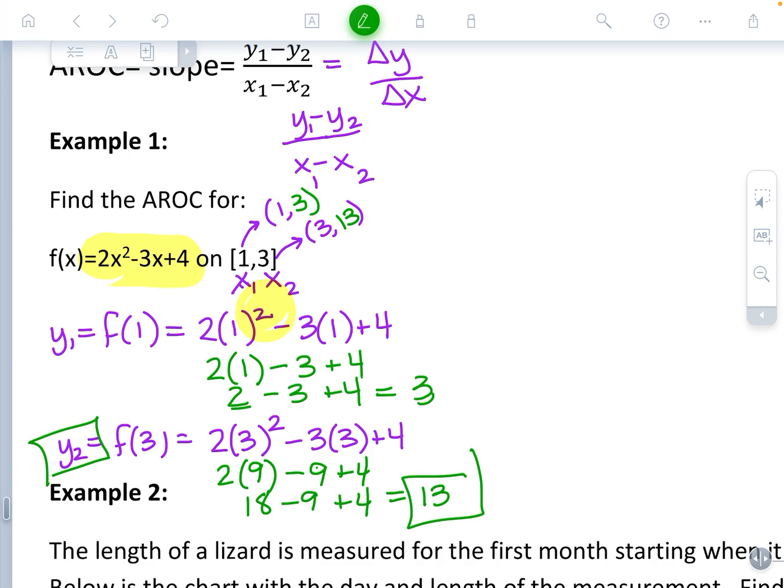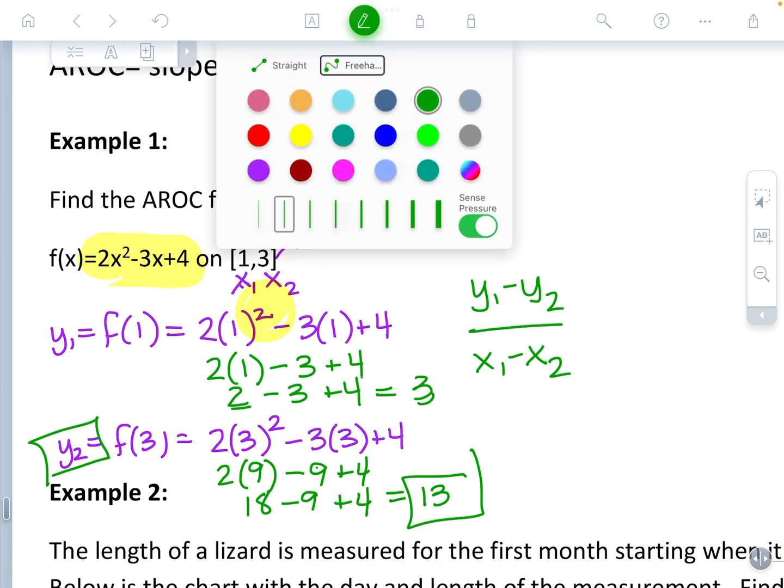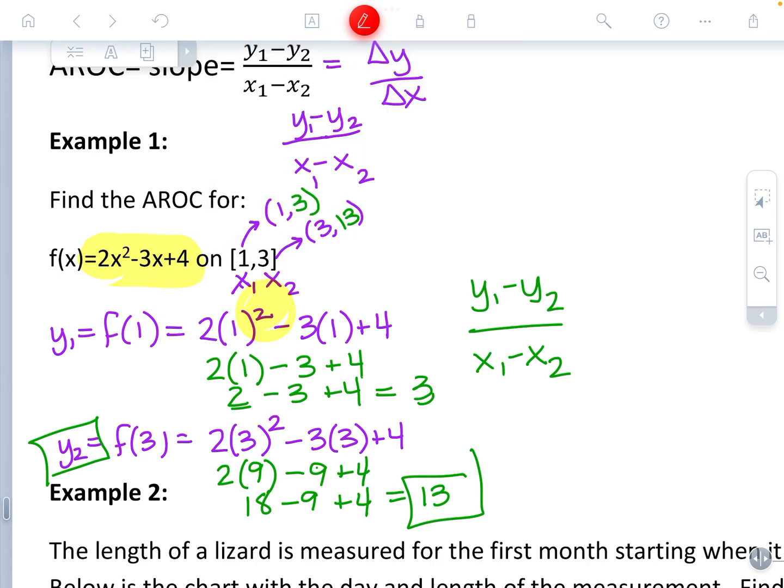So now we're going to take our formula and plug in the values and see what we get. I have y1 minus y2 over x1 minus x2 is my formula. Now I'm going to plug in my values. So I had my x1, oh guys, there's so many numbers.